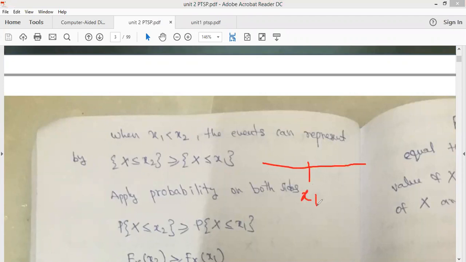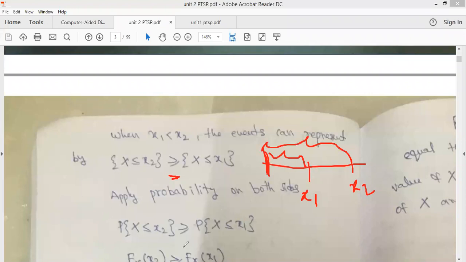So here is your x1, here is your x2, and this is our starting point. The number of elements till x1 will be less than the number of elements till x2. So X less than or equal to x2 will always include at least as many elements as X less than or equal to x1.